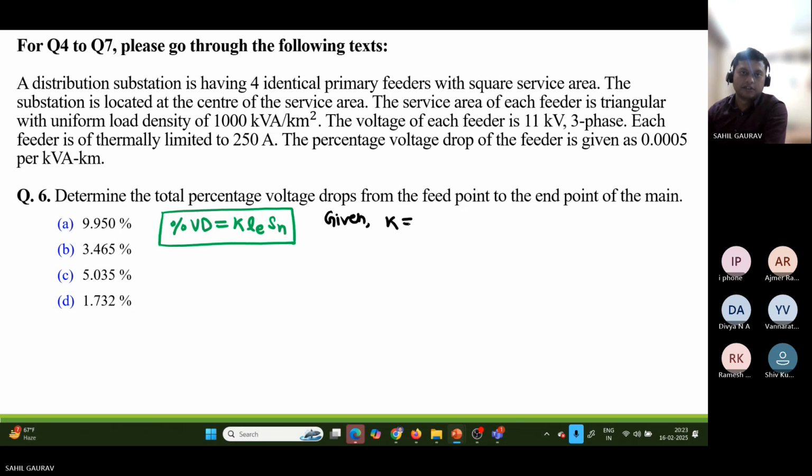So the percentage voltage drop of the feeder is given as this one. So this is nothing but K, constant. K is given as 0.0005, and this unit is percentage voltage drop per kVA kilometer.